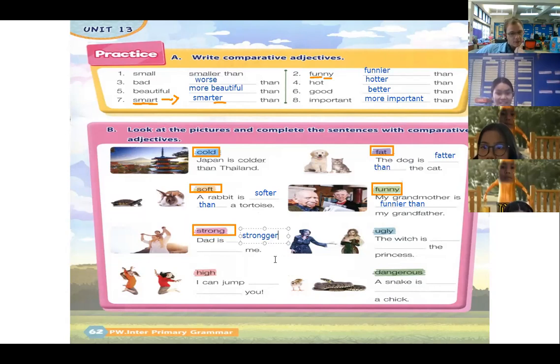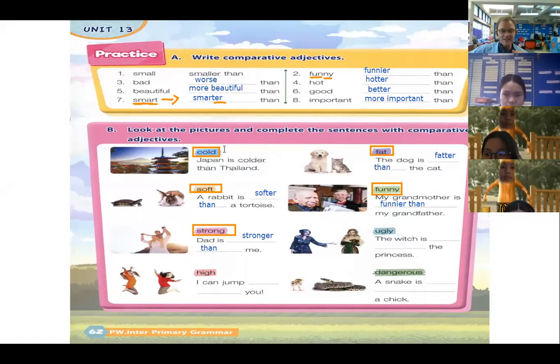Is that correct? S-T-R-O-N-G-G-E-R. Is that correct? No. S-T-R-O-N-G-E-R. Only one G. Stronger. Excellent, you guys. Just making sure you are awake early on a Friday.